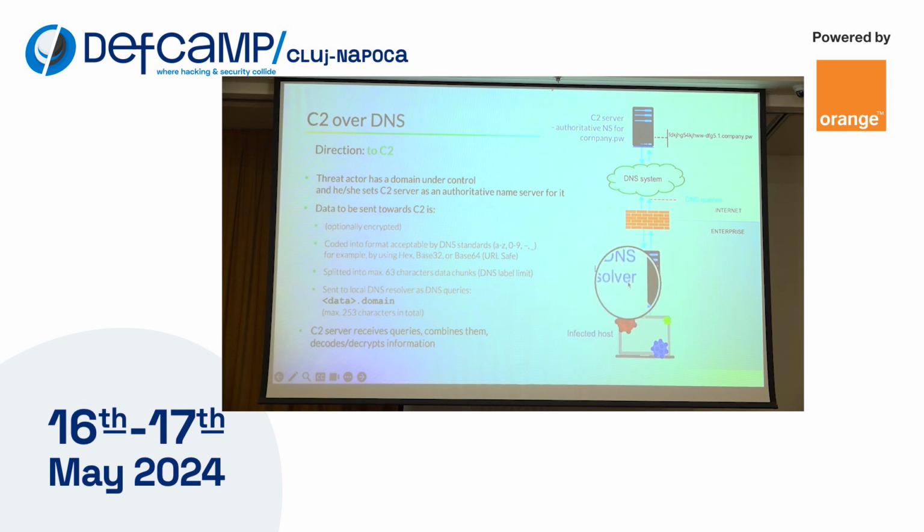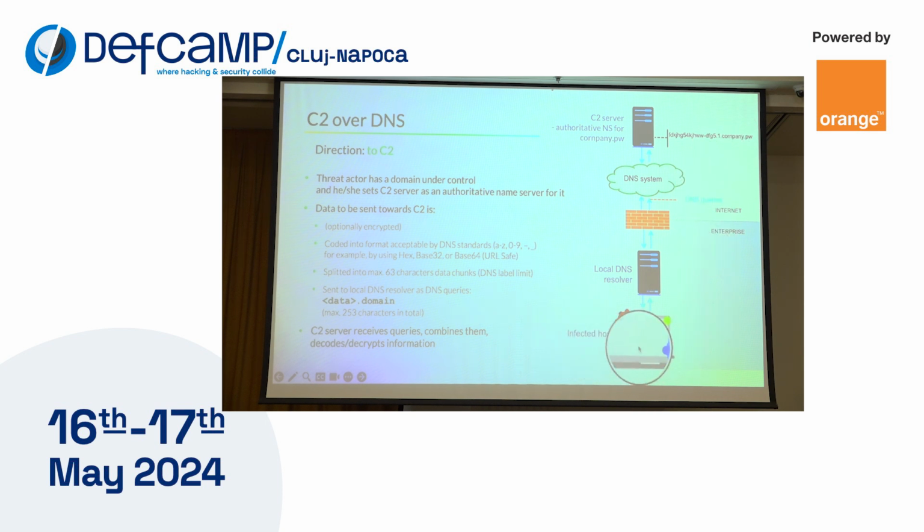And then this DNS resolver is sending this query further on the internet to basically resolve the name into the IP address, right? So it is sending the query to the DNS system, and finally it is reaching the server, which is authoritative for a domain name which was used by the attacker. So basically the C2 domain name, okay?